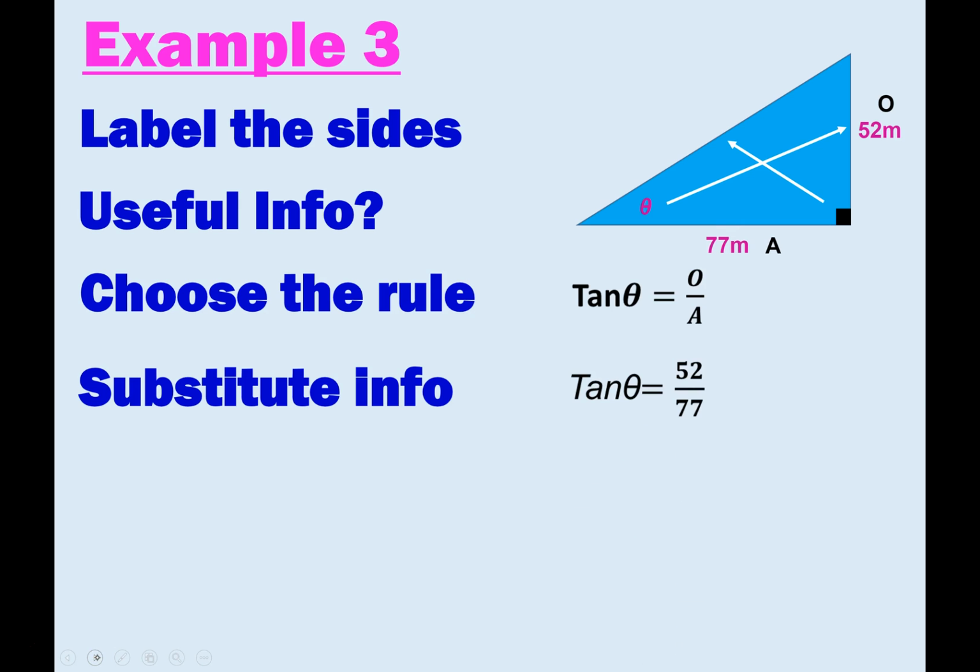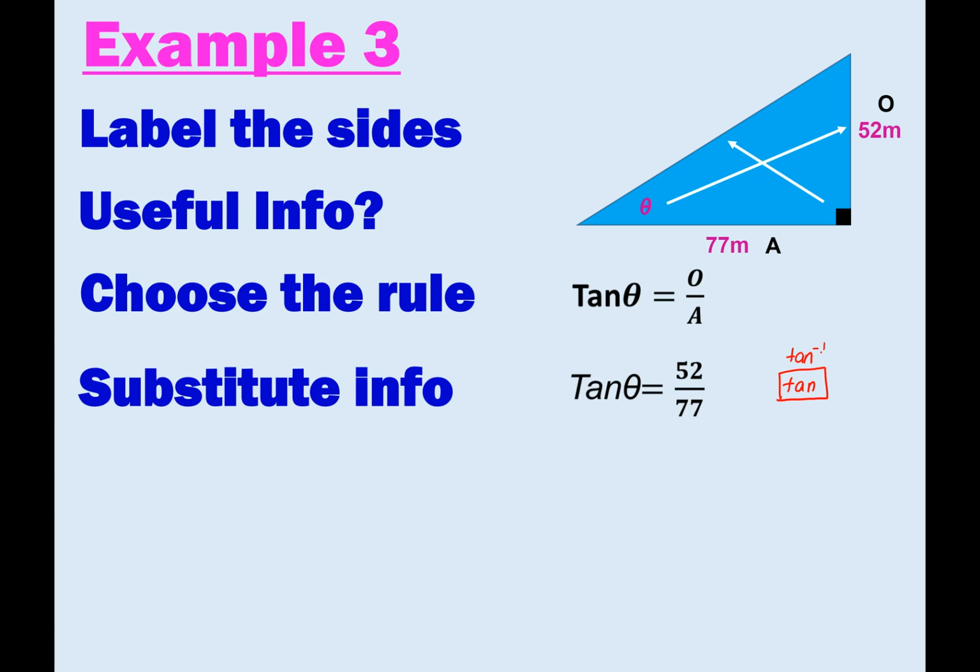We write that down, and now we go, well, how do I get rid of this tan? Because I don't want tan, I just want theta. So you need to look at your calculator, and just above your tan button you will see a little tan to the -1, and that's what we want to use.